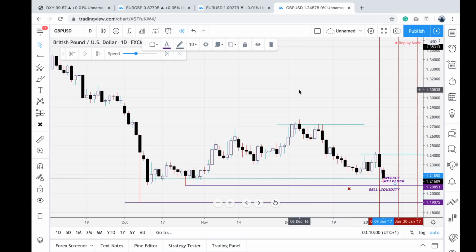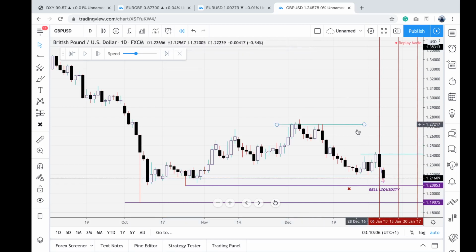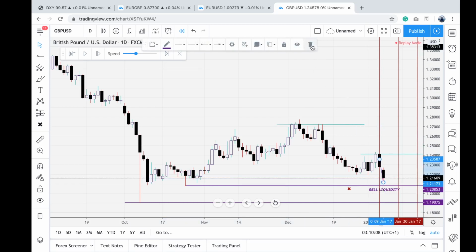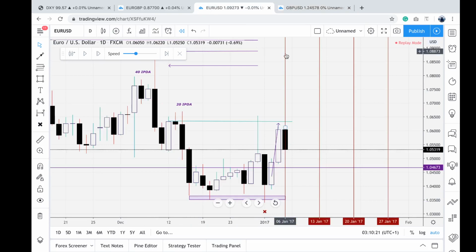We've tapped our weekly rejection block, so there's no need for that. We've tapped this level also, there's no need for that. So our next target on the sell side will be this sell liquidity where this candle wick rests. Euro USD, let's see. Only for this.